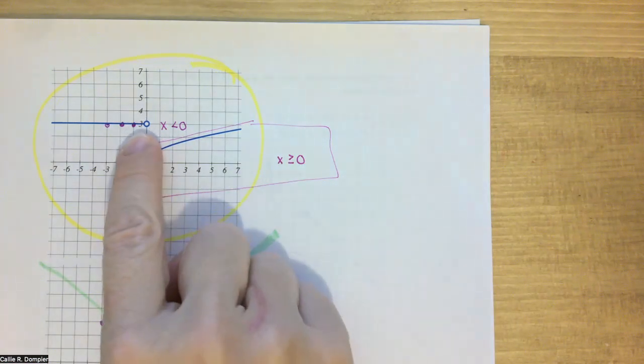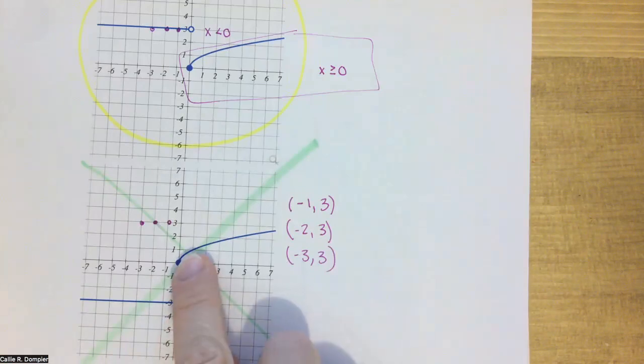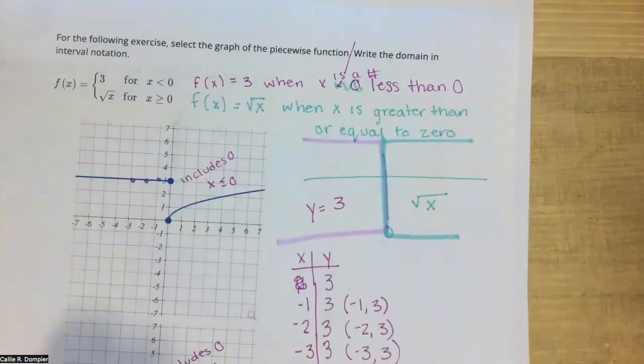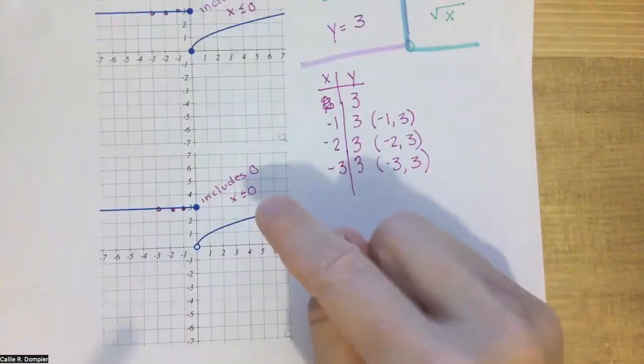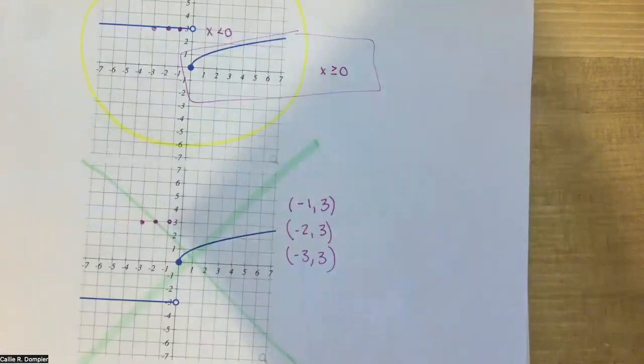That's what that circle means. That does not include 0. This one does include 0. Does not include 0, does include 0. Includes 0, includes 0. Includes 0, does not include 0. Okay, so just make sure you understand what the open circle, we call that, and the closed circle mean for those kind of questions. All right, those are tough ones.